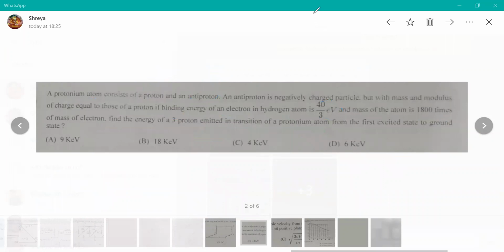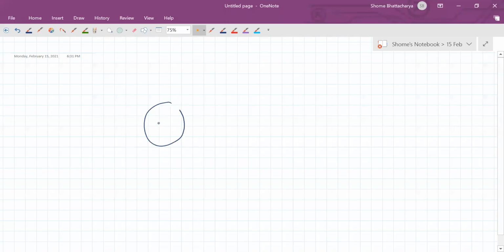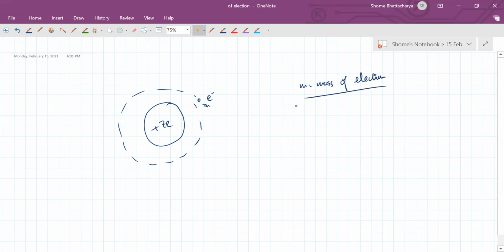Okay, so I'm just switching to my screen. If you look at Bohr's model of the atom, m is the mass of the electron, not the mass of the nucleus. So you have Ze square upon 4 pi epsilon naught r square is mv square by r.